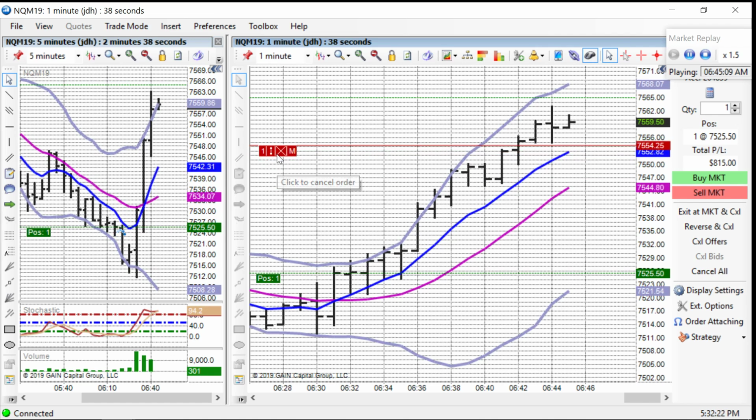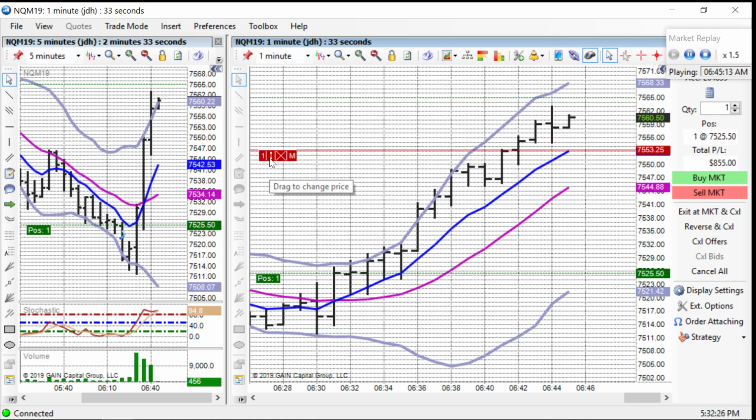But you never can tell how much the market's going to give you. It can be very generous.